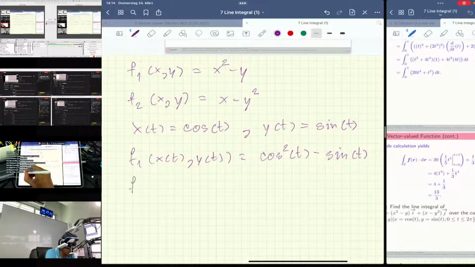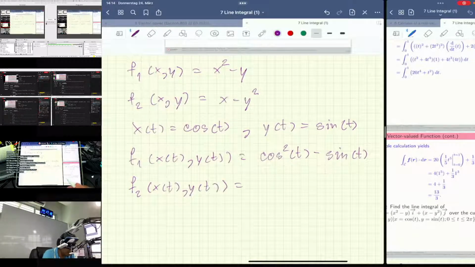And for the second function, x(t), y(t) will be x, which is cosine t, minus sine squared t.